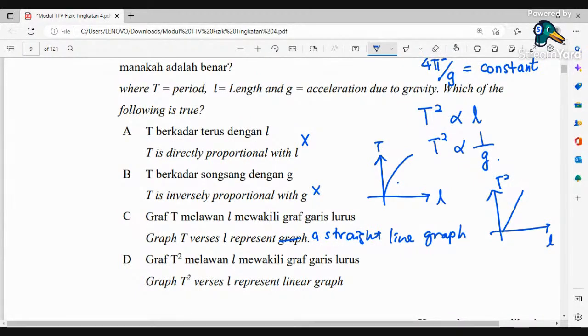Okay, so this one also wrong. So look at D. T squared against L represents a straight line graph, correct? Okay, linear graph or straight line graph. Okay, that one is number 5. The answer is D.